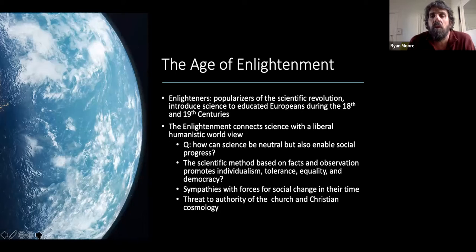The Age of Enlightenment comes about kind of as a popularization or an extension of these scientific principles. And for our purposes as sociologists, the really important thing about the Age of Enlightenment is that it takes these ideas about science that originated with the study of nature and then applies them to the study of society.